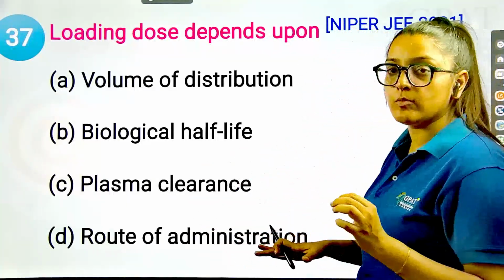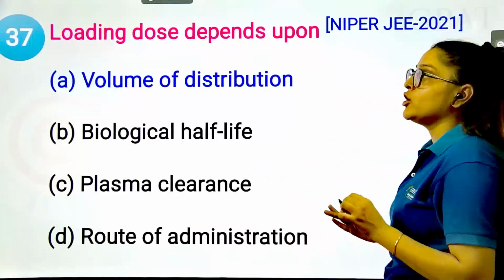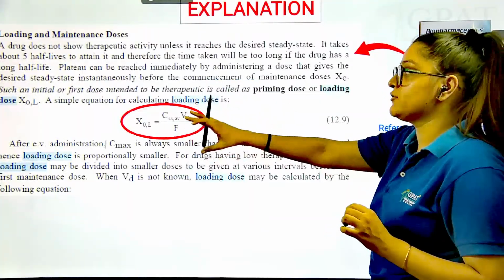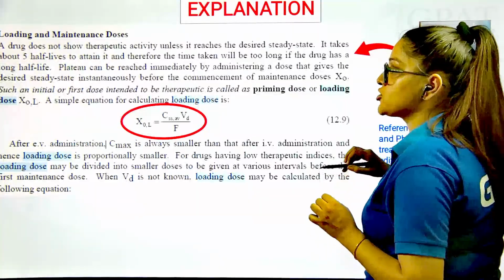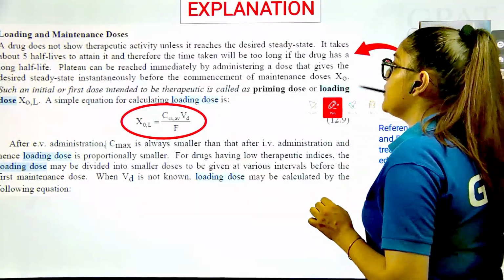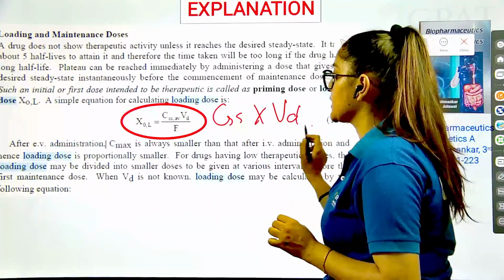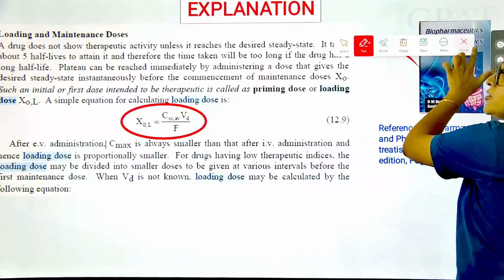If you remember the formula of the maintenance and loading dose, the correct answer is going to be the volume of distribution. Please note the formula for the loading dose. It will be steady state concentration into volume of distribution upon your bioavailable fraction, right? This is Css into Vd upon F. Okay, this is the formula for the loading dose.